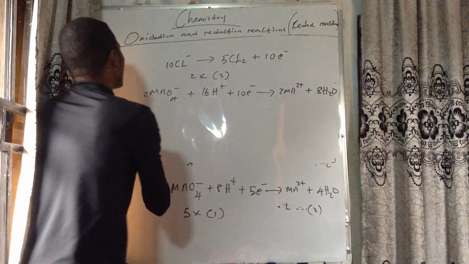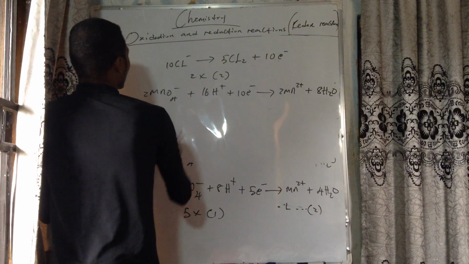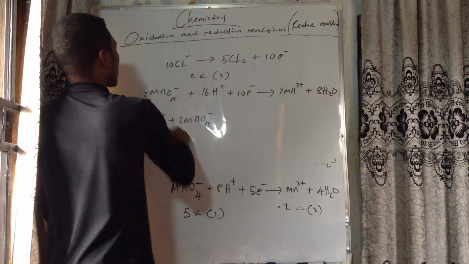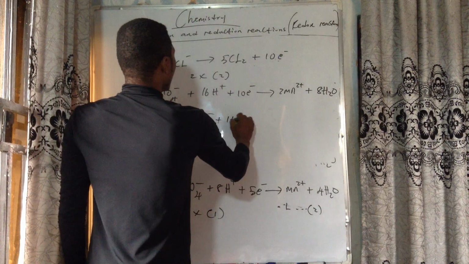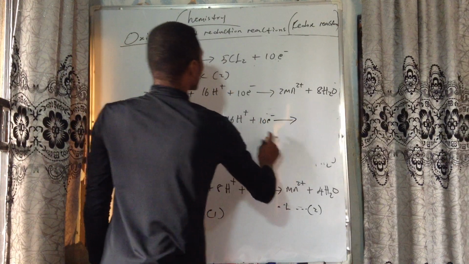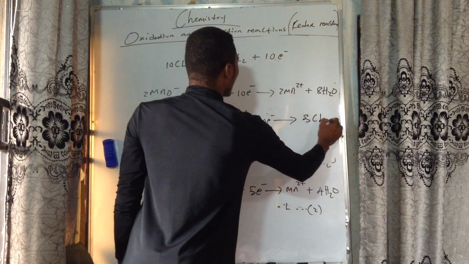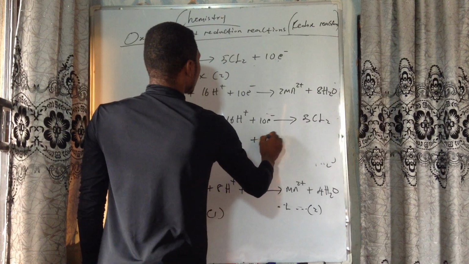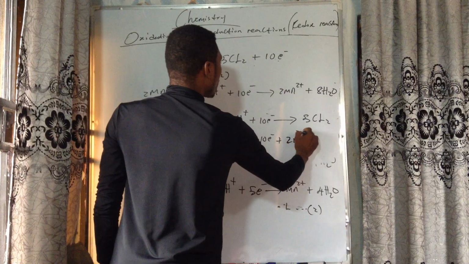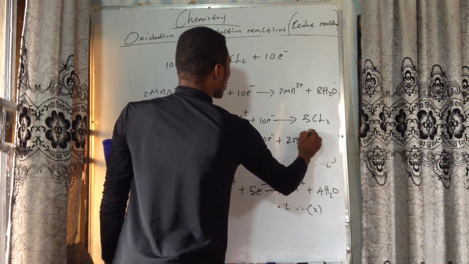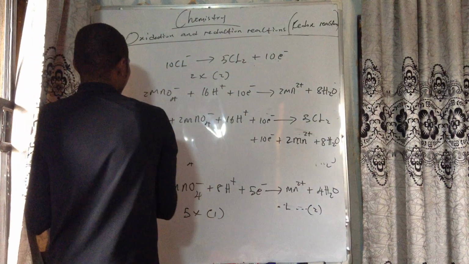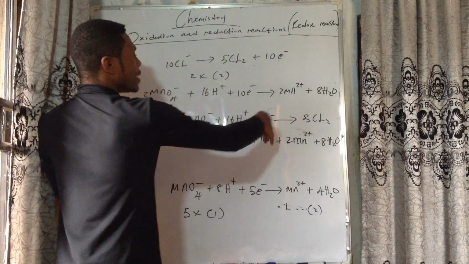So the net equation becomes 10Cl minus plus 2MnO4 minus plus 16H plus plus 10 electrons, giving us 5Cl2 plus 10 electrons plus 2Mn2 plus plus 8H2O. The final answer is when you remove these 10 electrons.